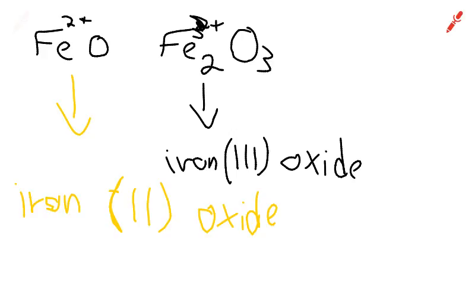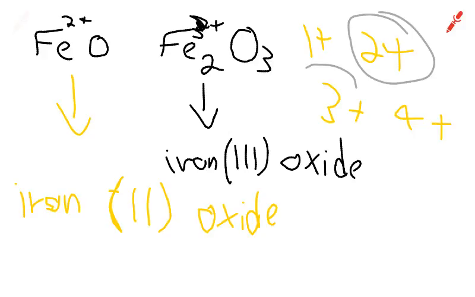Some of them form 1+ ions, 2+ ions, 3+ ions, 4+ ions. Some of them might even pick two or three of them. Iron, as you can see, already took 2+ and 3+. So it's very important to have those Roman numerals when we're dealing with transition metals that we know have different ion variations.